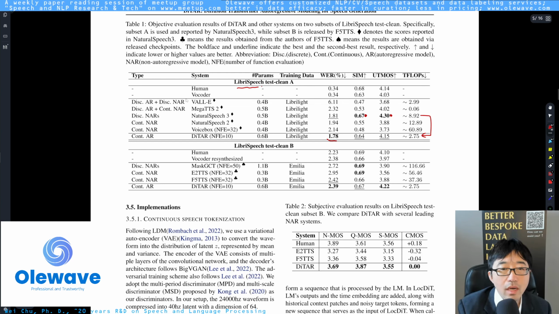This is discretized NAR versus continuous AR, but that's not an apples-to-apples comparison. I would say these two are kind of comparable terms in the ablation study because there's only one AR thing changed.